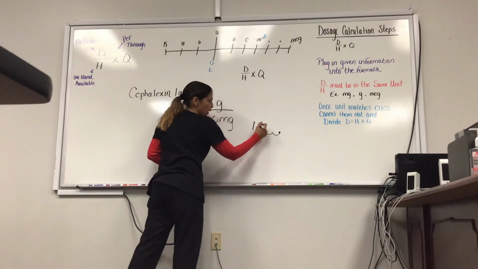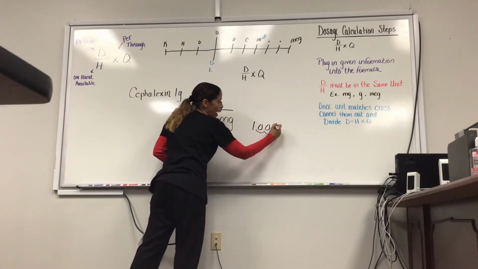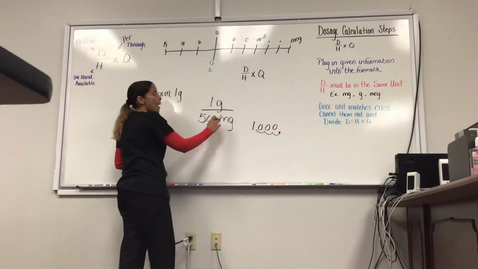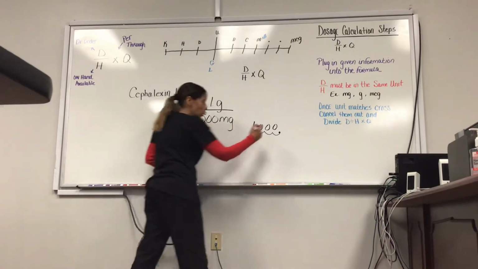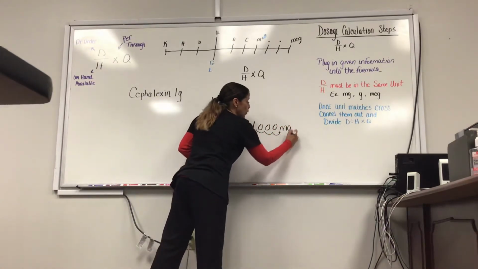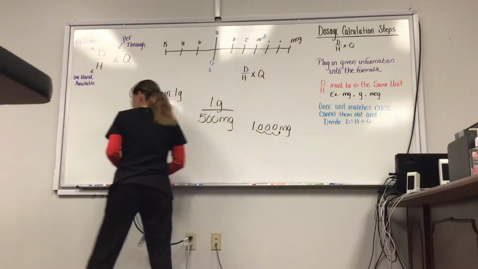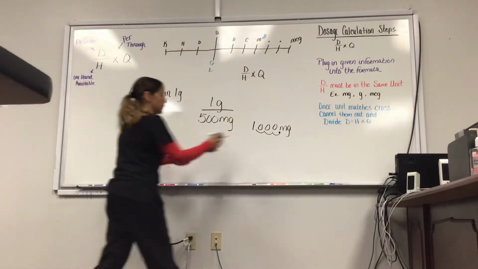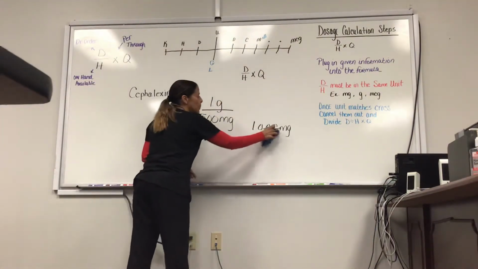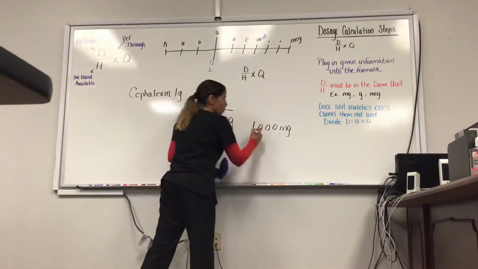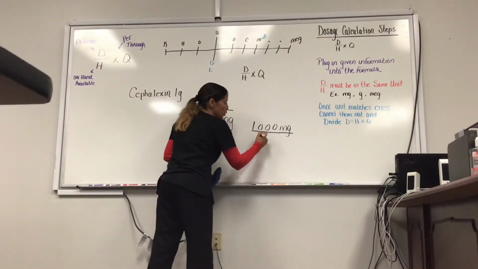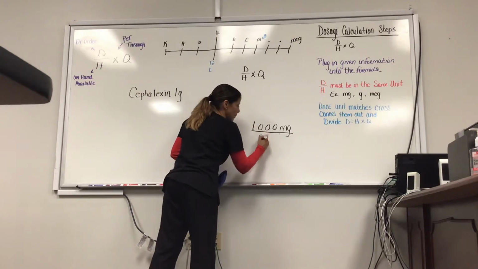Stick your decimal point there. And now we have 1,000 what? Milligrams. So you put that 1,000 milligrams, and it still remains over, right? What we had available, which was 500 milligrams.